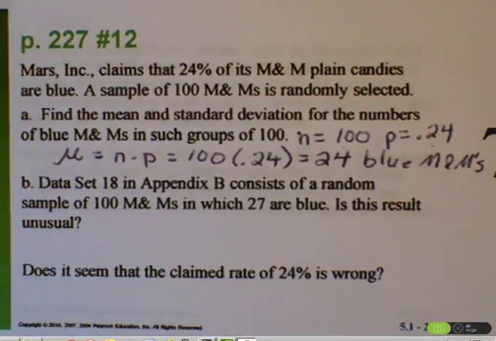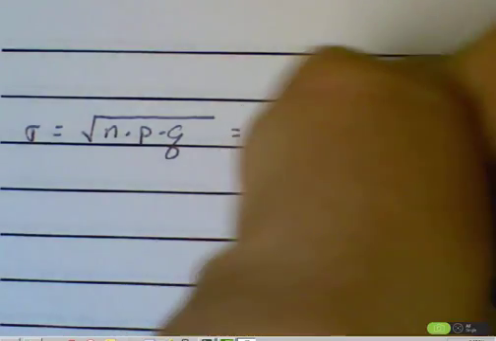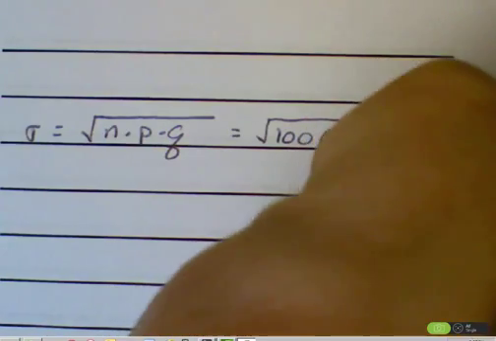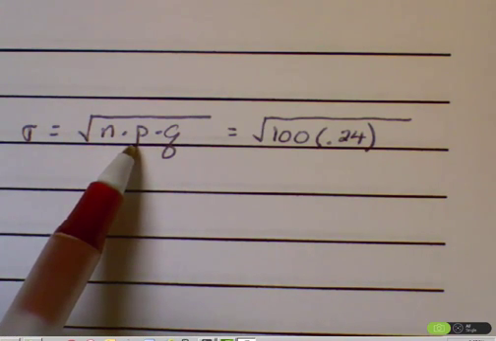I'm also supposed to find the standard deviation. Let me do that out here. The standard deviation is the square root of n times p times q. For this problem, that's the square root of n is 100, p is 0.24, and q is the complement of p.